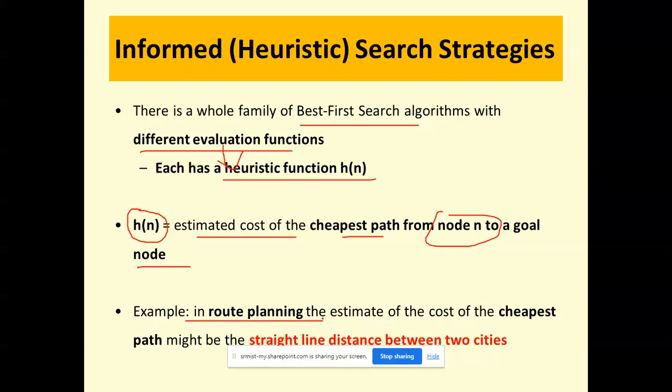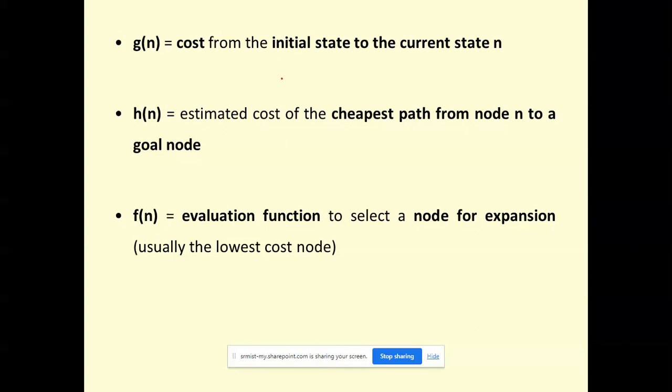For example, in a route planning problem, you will be visiting different cities, and every time you want to move from one city to another, you have to choose the cheapest path. That is the heuristic you are going to apply. It also uses SLD, that is straight line distance calculation.